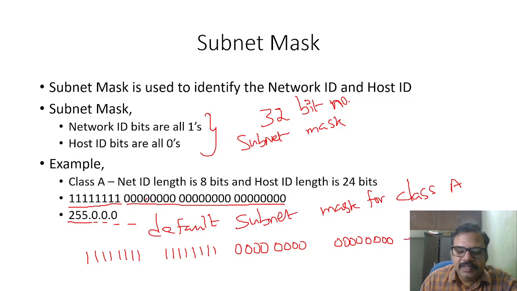Converting this binary number into decimal notation, the number will be 255.255.0.0.